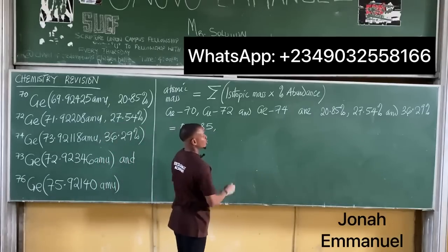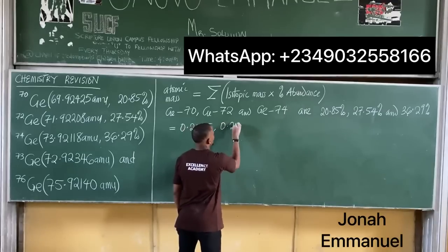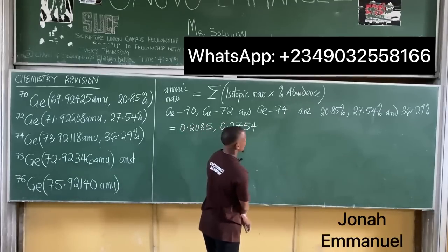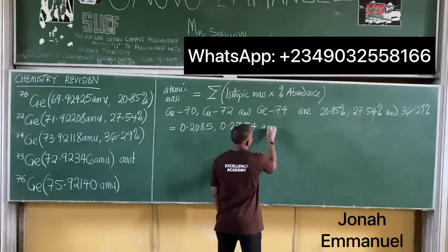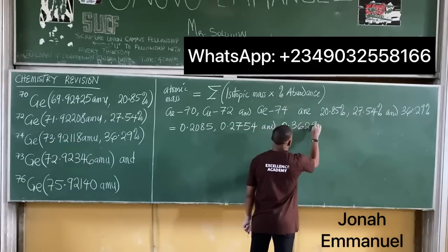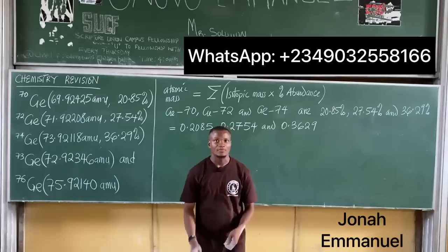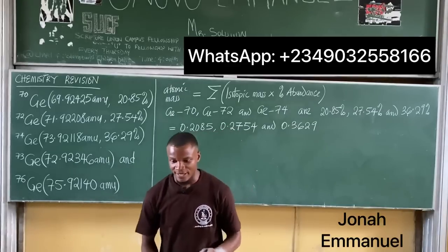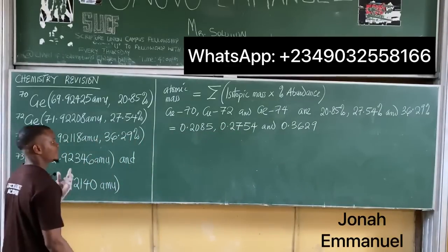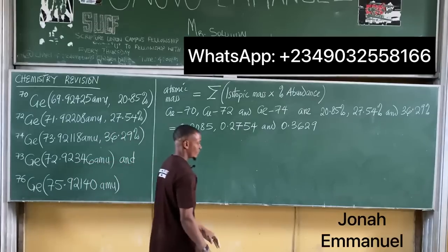Divide the next one by 100 and it gives you 0.2754, and 0.3629 respectively. In decimals, they are 1, 2, and 3 respectively.